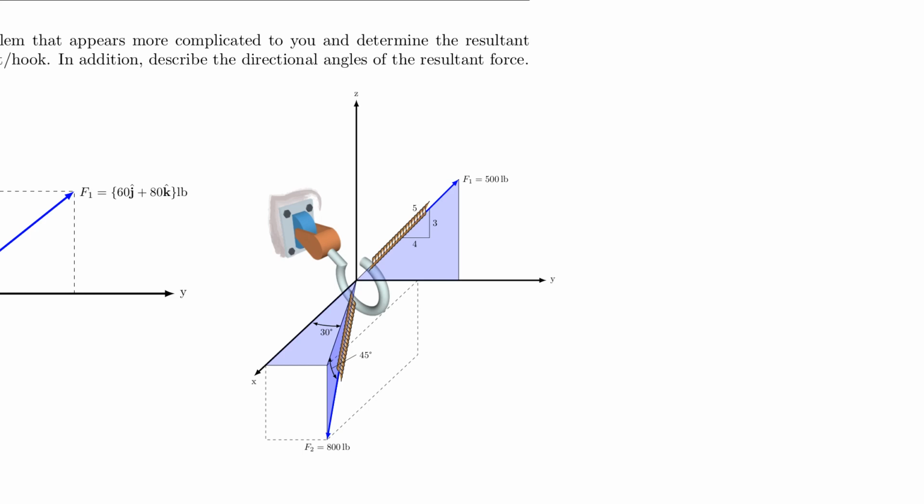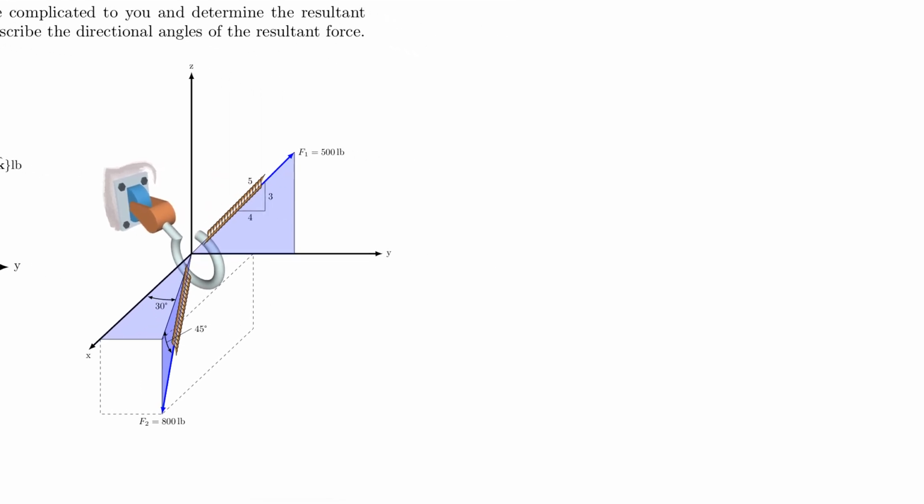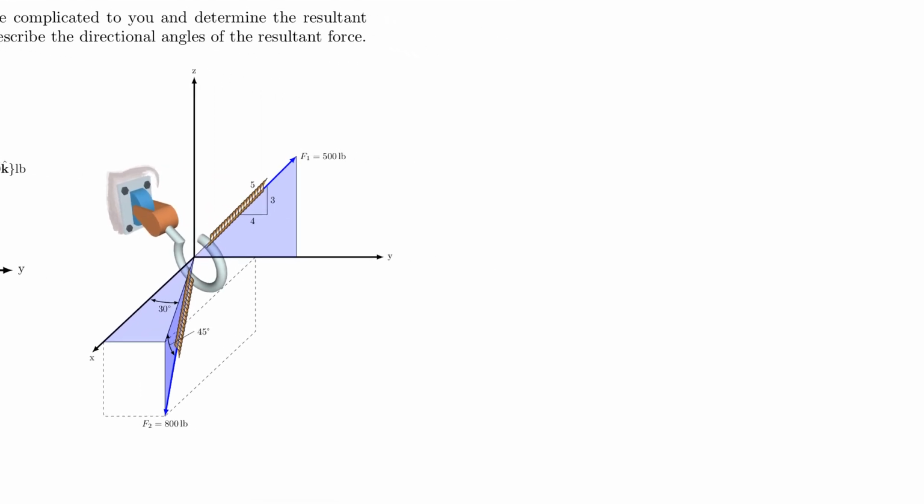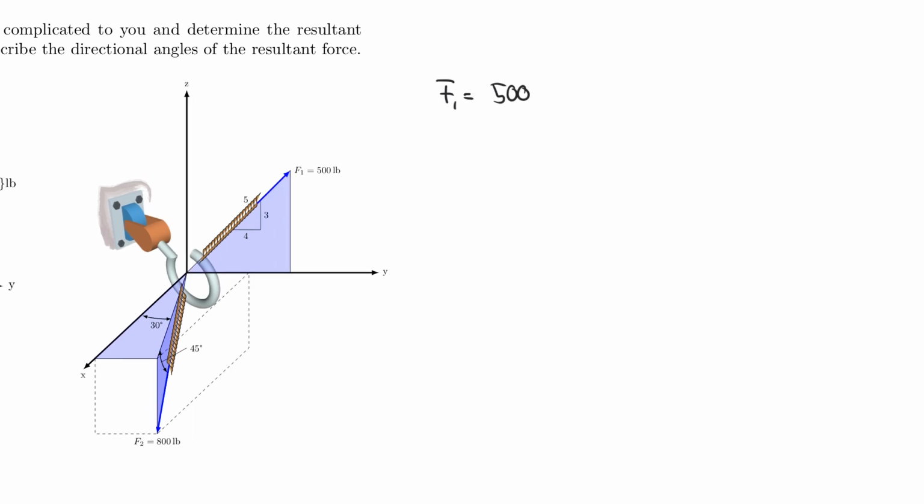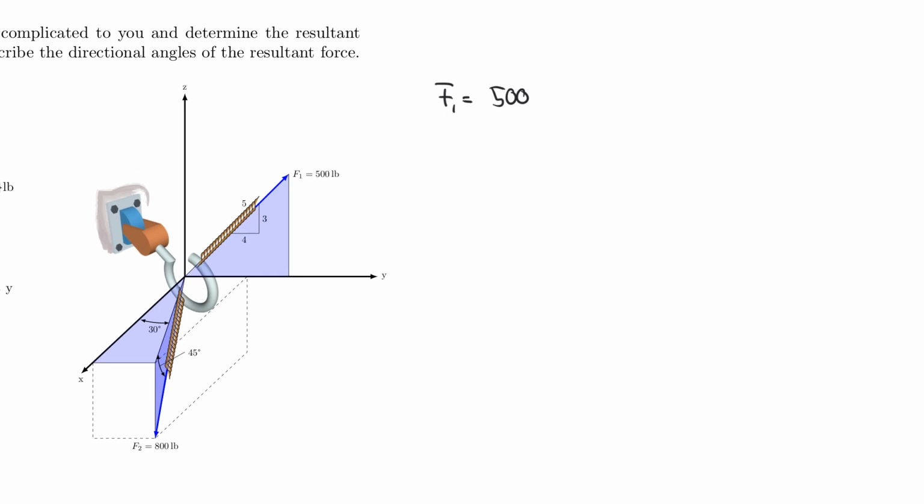So let's go ahead and describe our forces. Maybe it's best if I do that right next to the picture here. So let's say that F1 is really equal to 500, and now it has no I component, so 500 times 0 I plus some J component, and that J component really is 4, right?